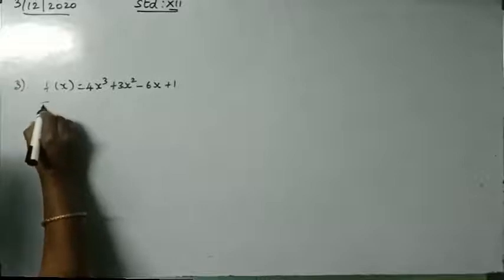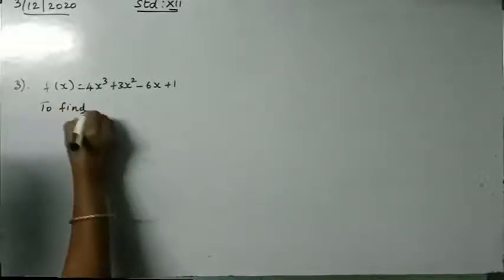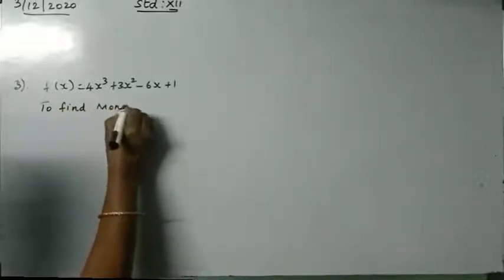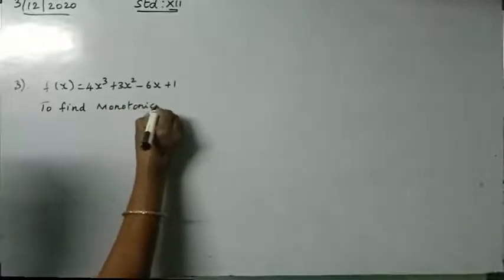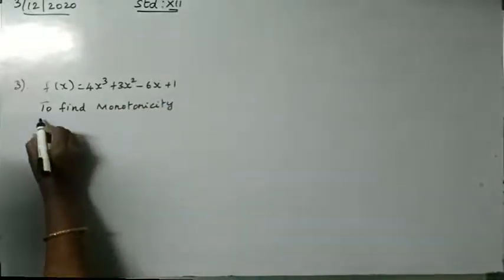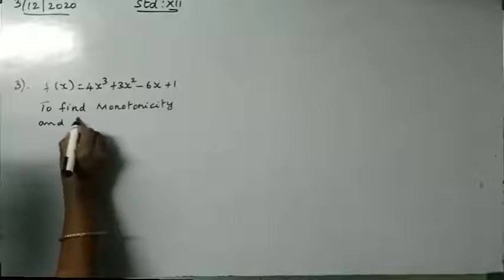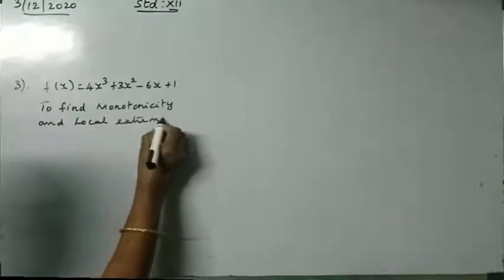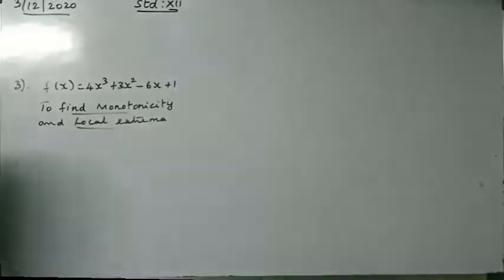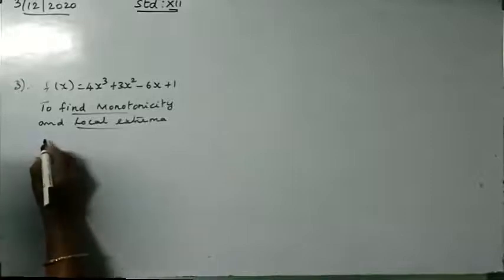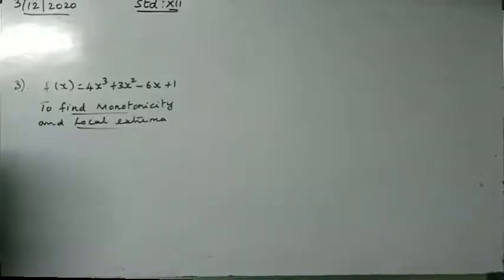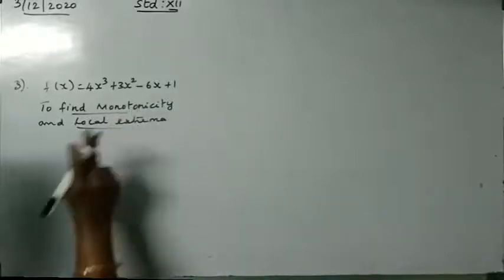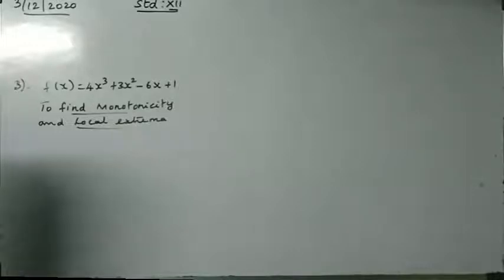The first derivative test is helpful for us. For that, first take this question into two divisions. The first one is monotonicity and local extrema. The next one is concavity and point of inflection.